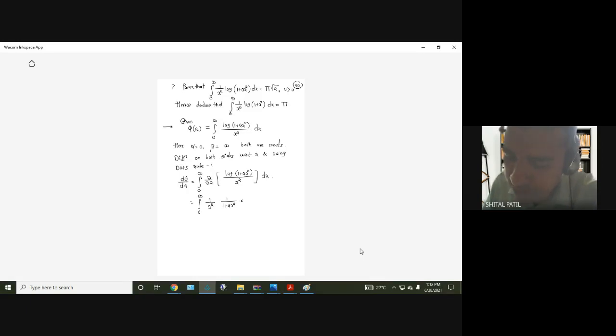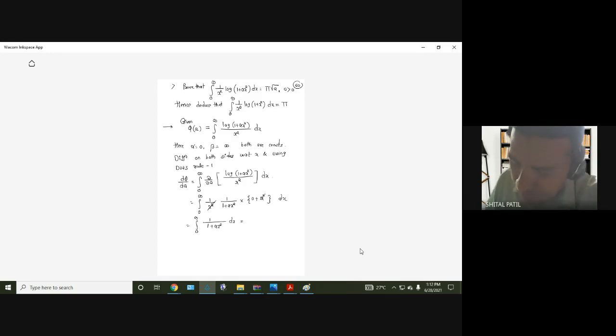So derivative of 1 plus a x square with respect to a: derivative of 1 is 0, x square is constant, derivative of a is 1, then dx will come. So x square will get cancelled, and now it is in the required integrable form.